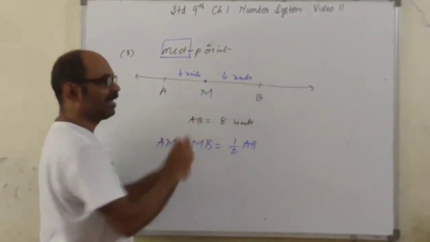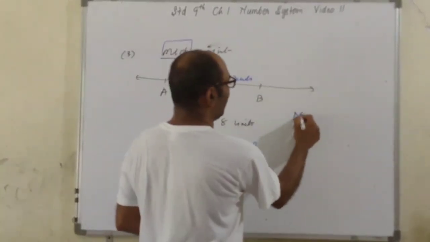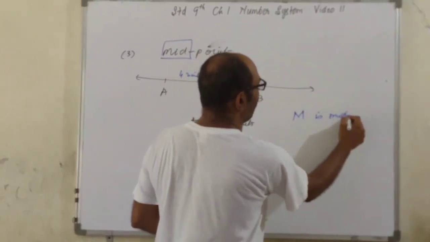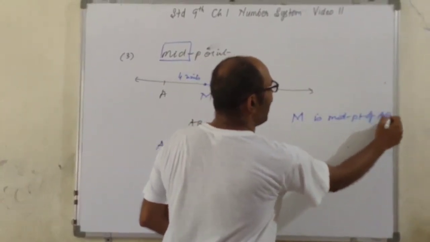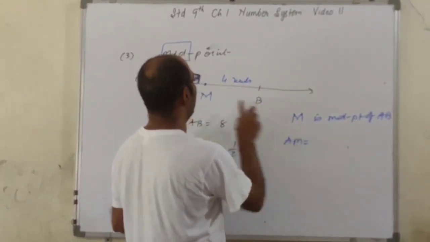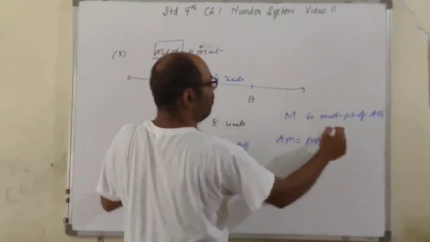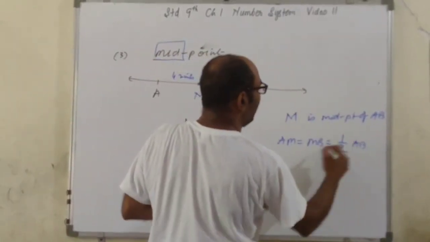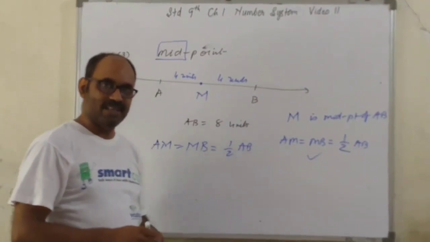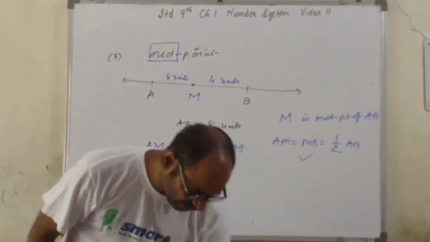Then only you can say M is the midpoint. So if M is the midpoint of segment AB, then you can say AM is equal to MB is equal to half of AB. So this is the midpoint result. Please remember. Okay? Clear? Alright.